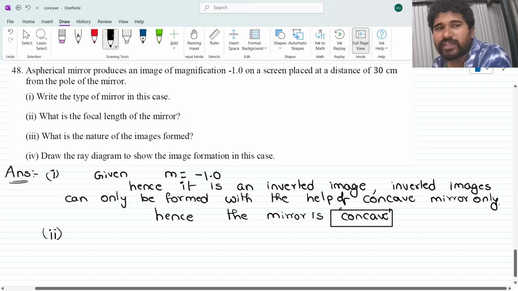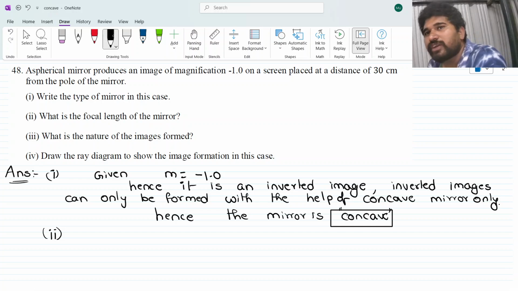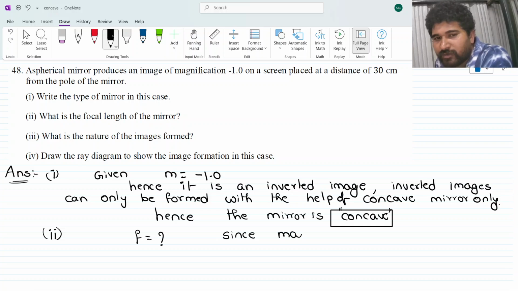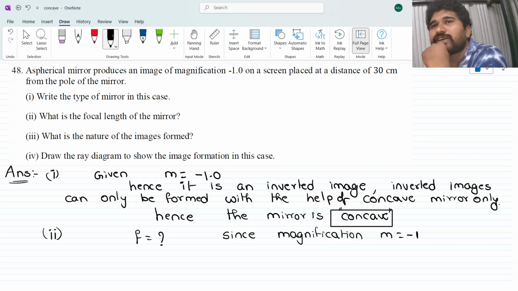What is the focal length of the mirror? It is asking for f is equal to question mark. See, since magnification m is equal to -1, remember one thing, magnification of magnitude 1 is possible if and only if the object is at the center of curvature.